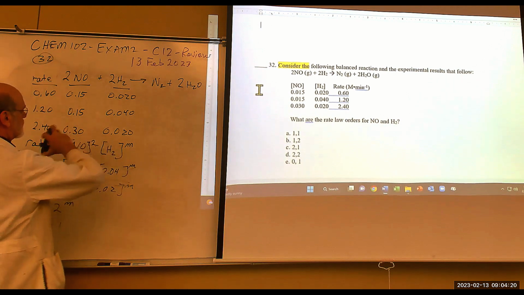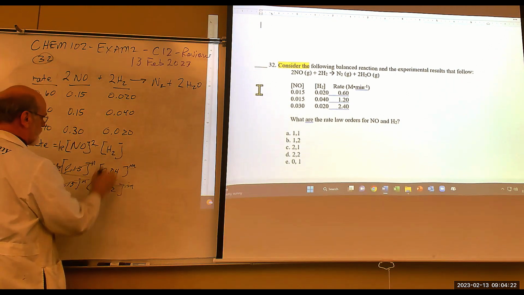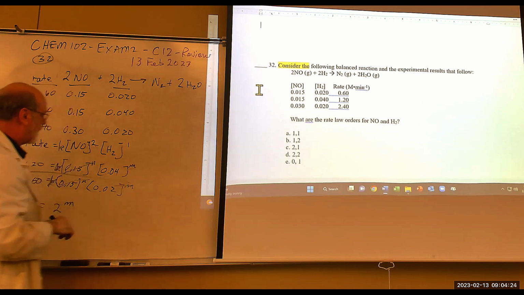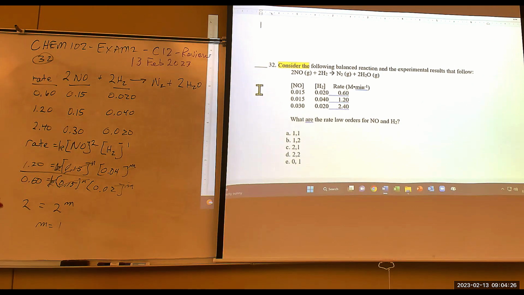So that means this term now is first order. Okay, so the answers are given as n comma m, which would be this one right here. 2 and 1 are the rate law orders respectively for NO and H2. Okay.